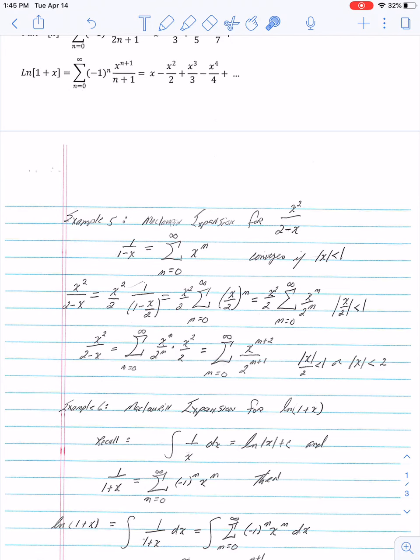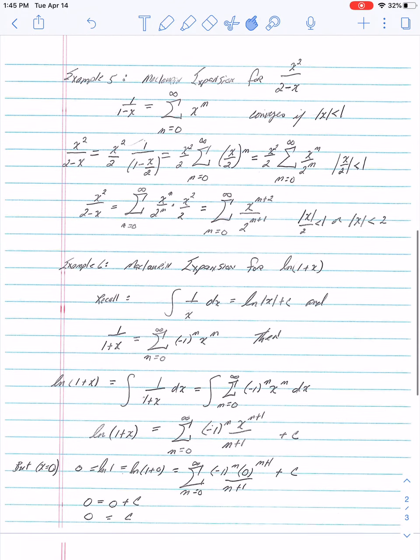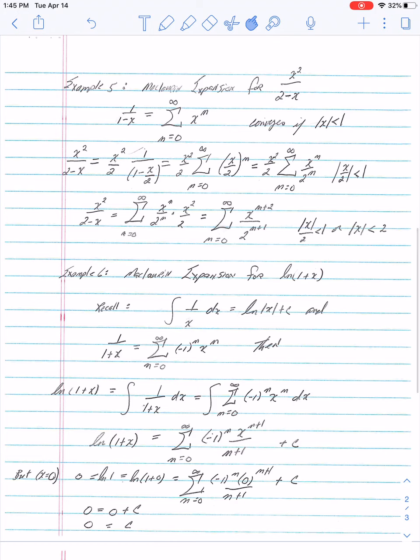All right, now let's look at our last example, which is an interesting one. Suppose I want an expansion for the natural log of 1 plus x. Well, I think natural log, the integral of 1 over x dx is natural log of the absolute value of x plus c. Now, I'm not going to mess with the absolute value.